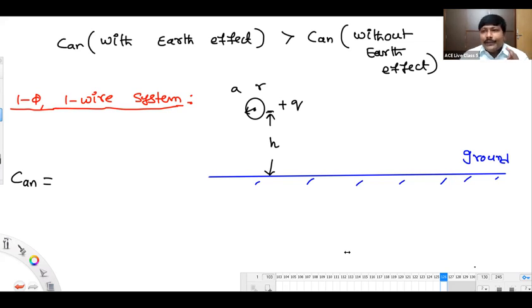So I should say 2 pi epsilon naught epsilon r, by the general formula we used to say, and in the denominator ln of d by r. Ln of d by r means what is d? That's the distance between the forward conductor and return conductor.